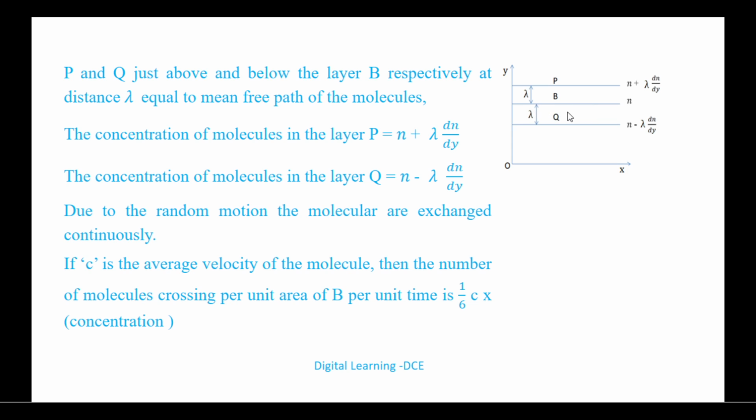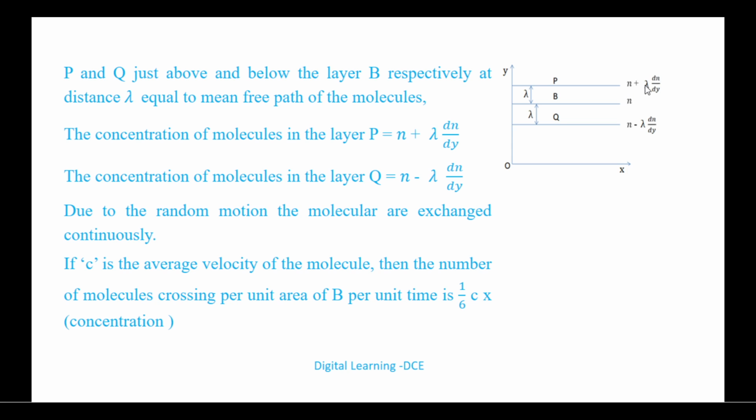n is the concentration at this layer. If n represents the concentration, then the concentration of the gas molecules in the layer P is equal to n plus lambda dn by dy.